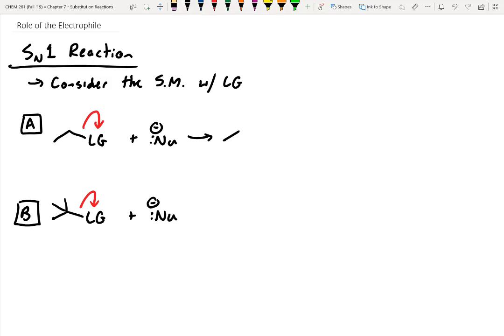So in this case, we would have a positive charge plus our nucleophile over here, plus my leaving group that fell off with a negative charge. Down here, things will look pretty similar.